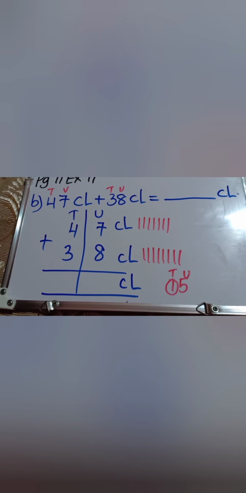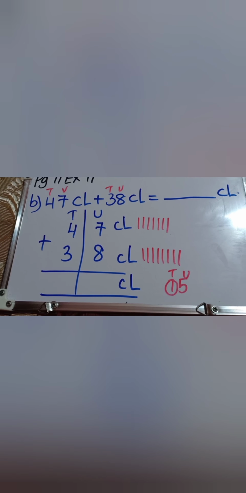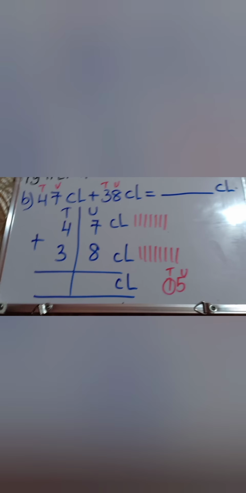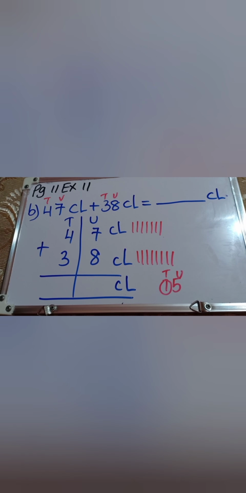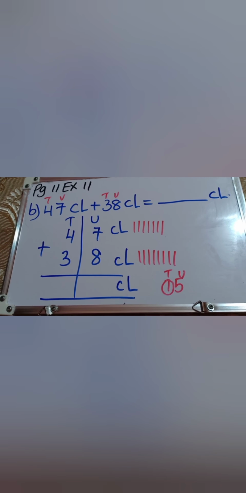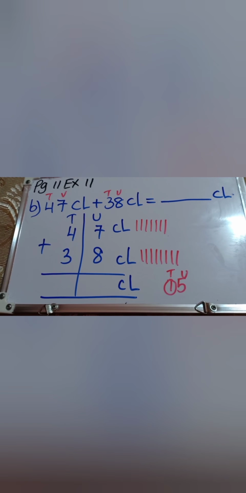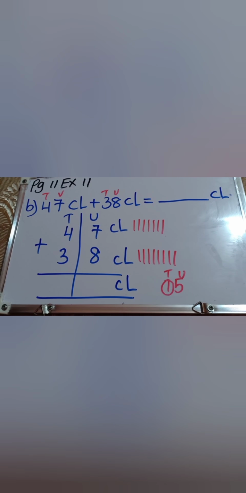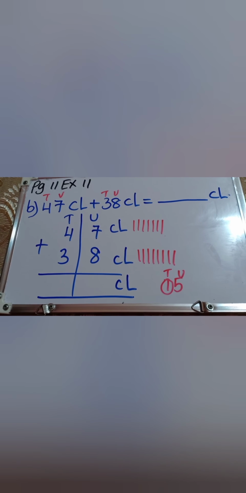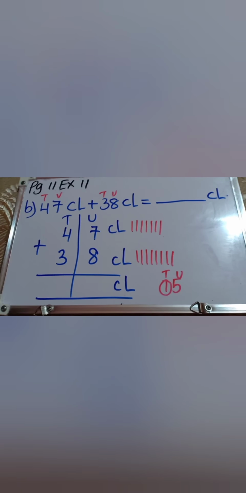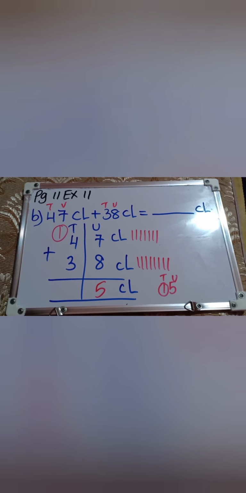7 plus 8 is equal to 15. Can we write 15 directly over here? No, we cannot. So we have to write 15, and then 15 is 5 units and 1 tenth. We have to write the 5 in the units column and send the 1 to the tenths column. And now we have to work out the tenths column.